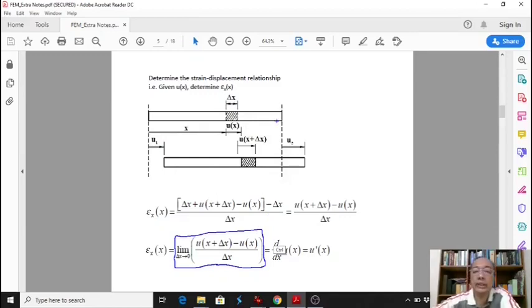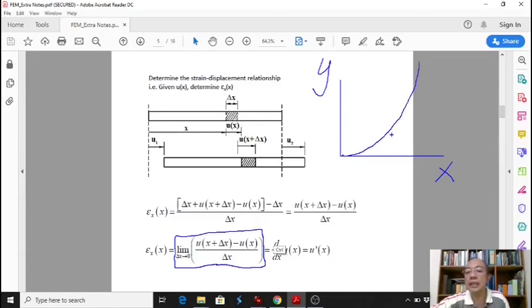If we consider back to secondary school, we have a graph with y and x, the x-axis, and a curve here. This position is x, so this is y of x. We consider a limit.